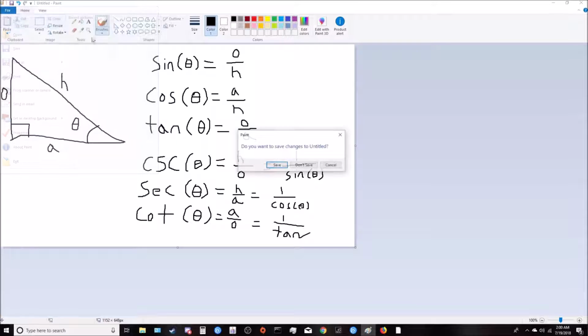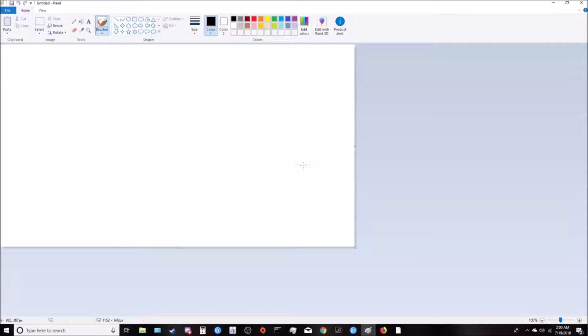So I'm going to go to a new sheet, and I'm going to write all of them out for you. So the notation that we use for inverse trigonometric functions is, I'm going to start with sine, since that's what we started with on the other page.